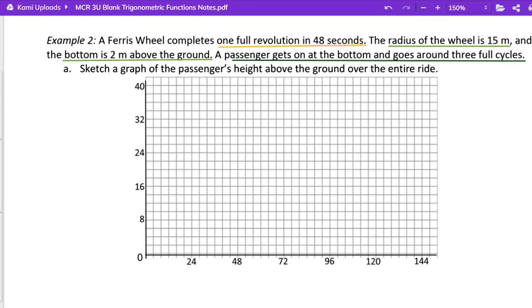All right, let's see what we know so far. So when I underlined in yellow, 1 full revolution in 48 seconds, what does that number help us find? Yeah, right? One cycle has a period of 48 seconds.